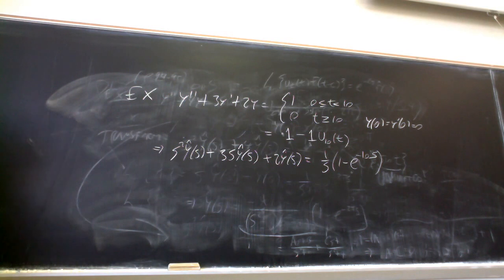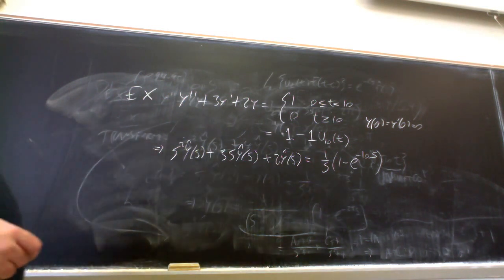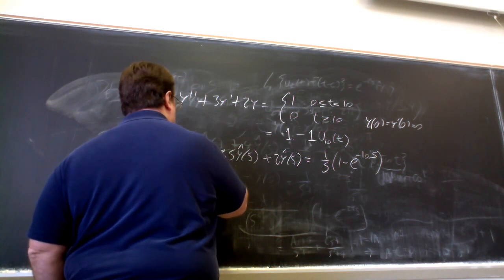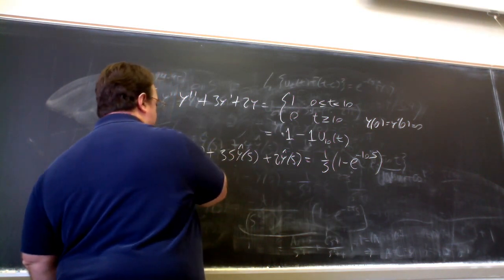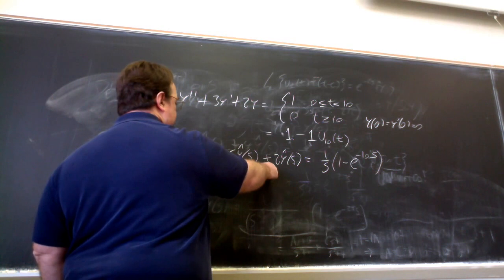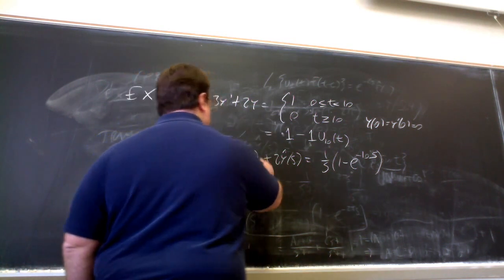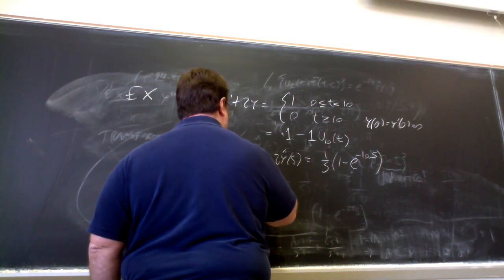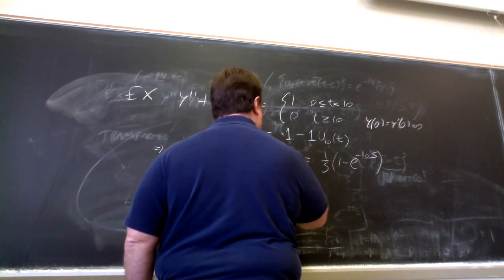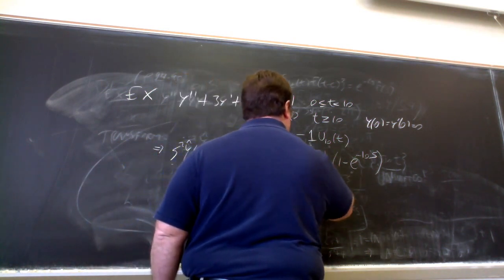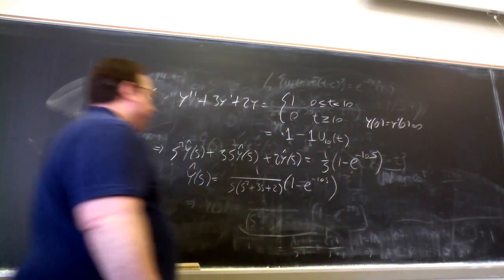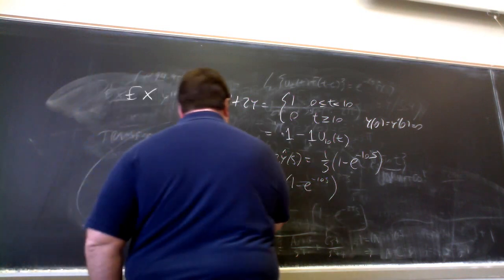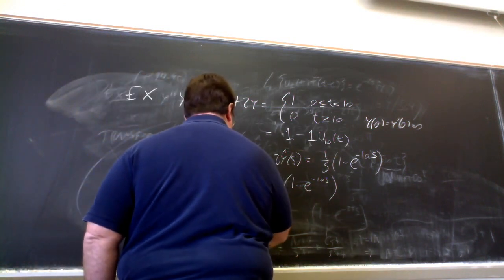All right. So now we can go ahead and solve for y hat of s. We can factor this out: s squared plus 3s plus 2. The rest of the denominator, we have the s factored out.